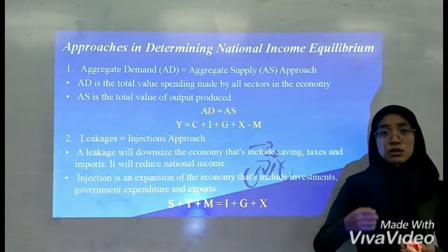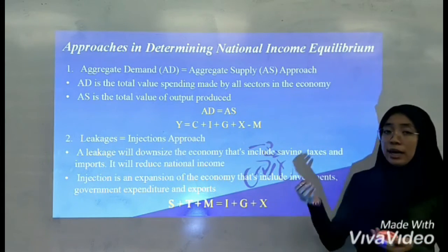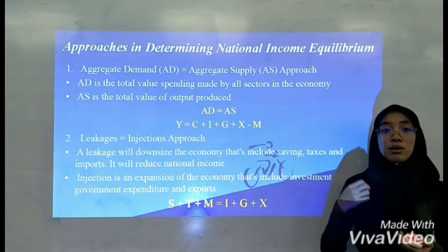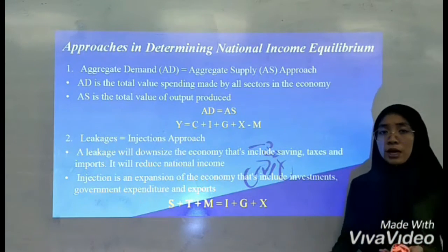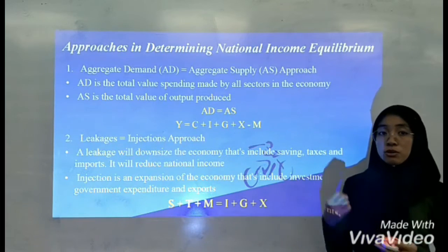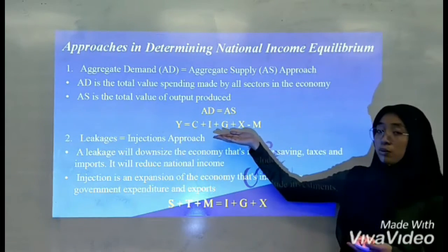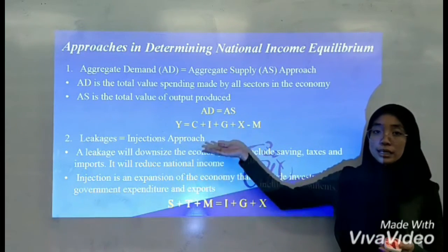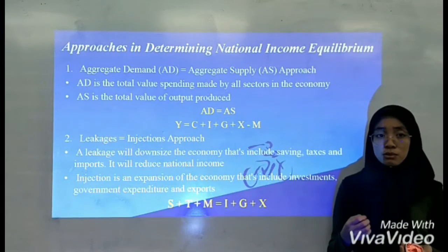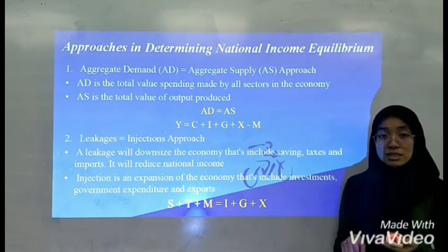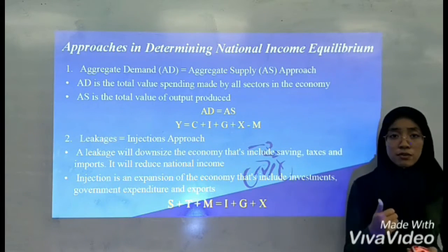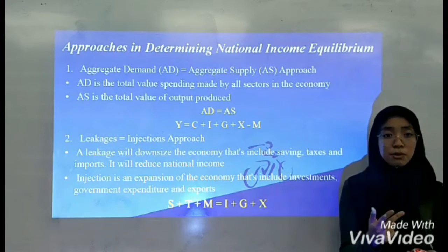In the aggregate demand equal to aggregate supply approach, AD is the total value of spending made by all sectors in the economy, while AS is the total value of output that has been produced. So this is the equation for AD equal to AS. For the leakage and injection approach, a leakage will downsize the economy and includes saving, taxes, and imports.